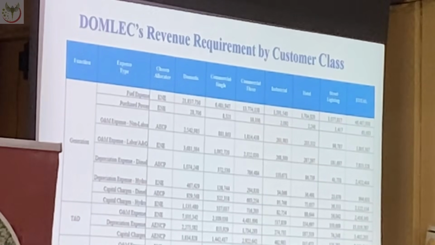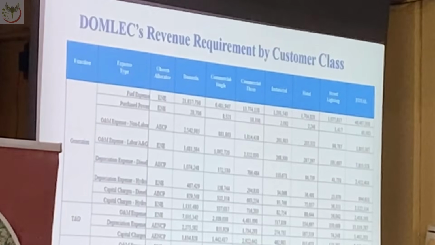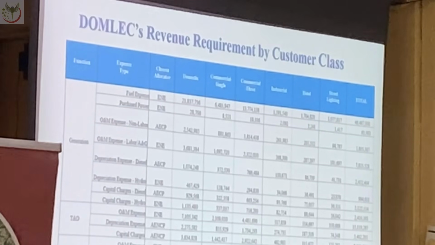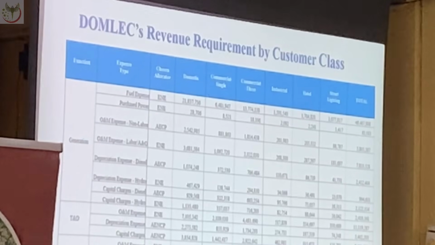Now, we are able to use the cost, which was the test year value, and the model allows for the costs to be allocated among operating costs, among capital investment costs. So here you are seeing the expenditures by the various categories.